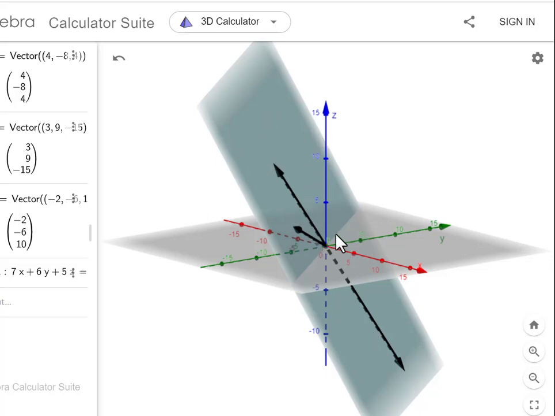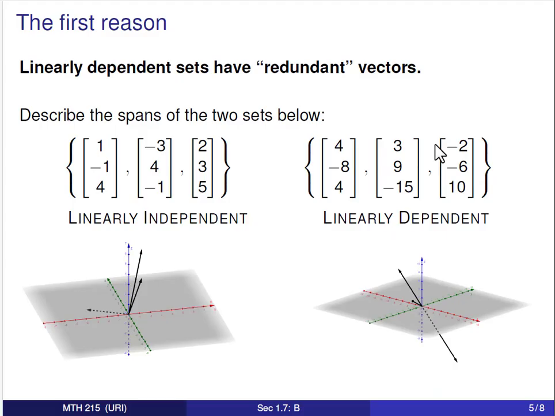But I will not be able to get to anywhere that is off of that plane. And so jumping back to the slide, displaying that plane in there, you'll see that the span of three vectors that are linearly dependent doesn't give you all of three-dimensional space. It only gives you part of three-dimensional space.